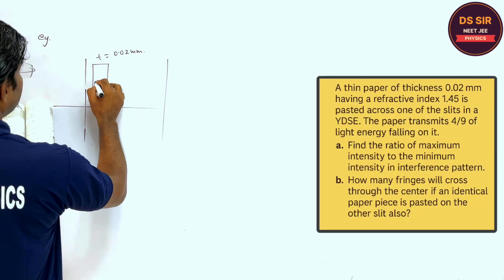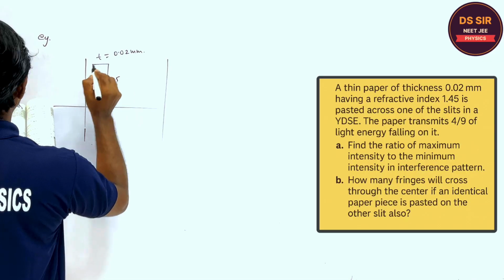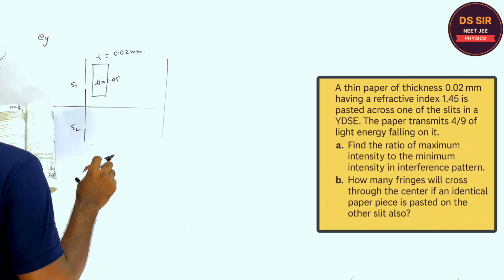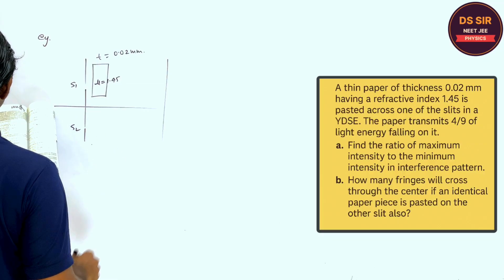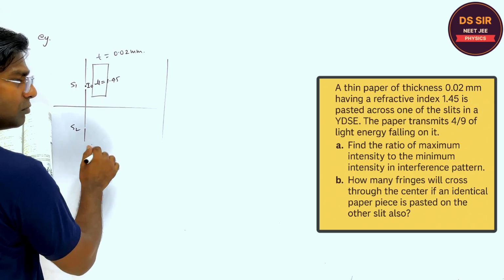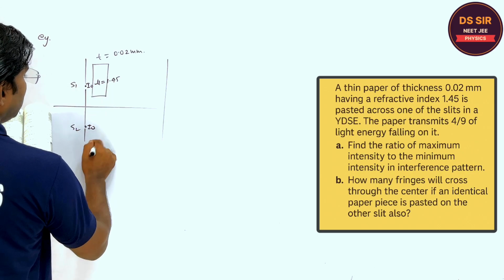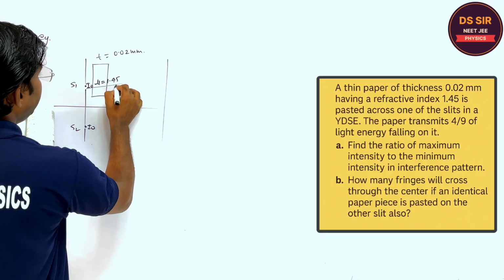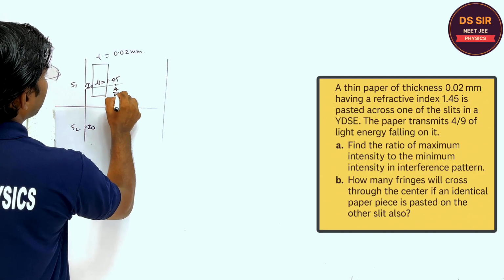The refractive index is 1.45, in front of S1 and S2, right? And pasted across, the paper transmits the intensity 4 upon 9 I naught. Suppose the intensity was I naught, but when it passes this paper, the intensity becomes 4 upon 9 I naught.